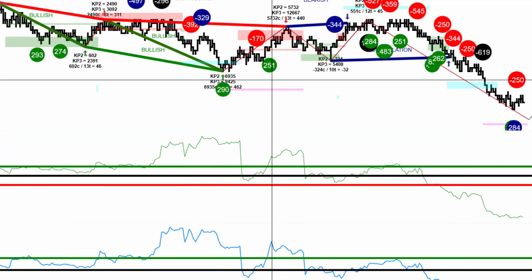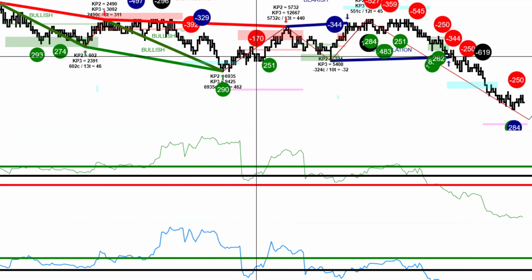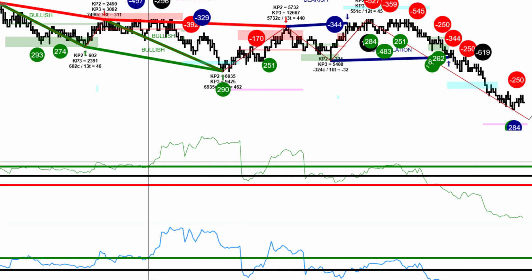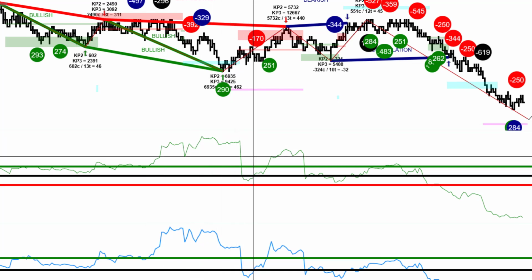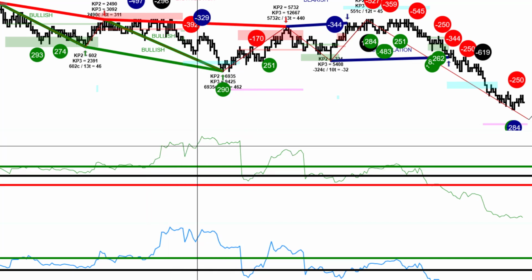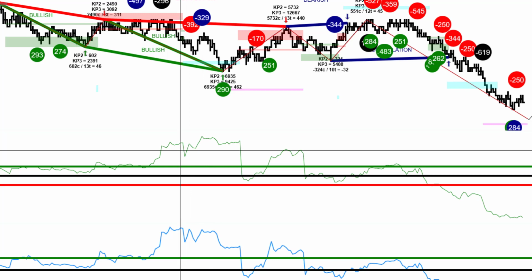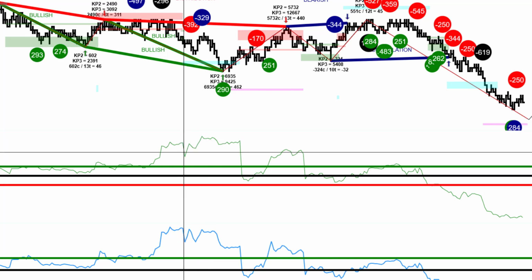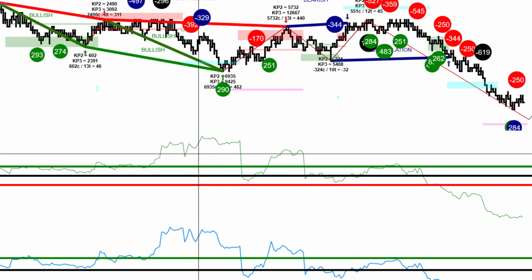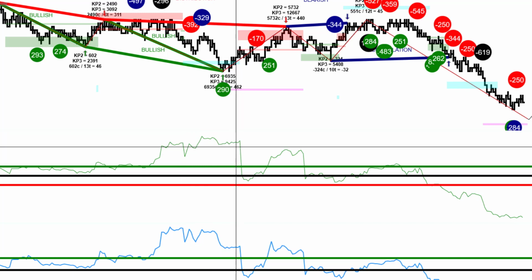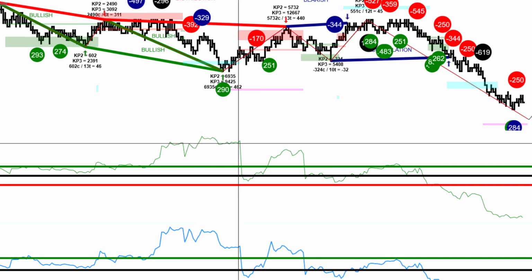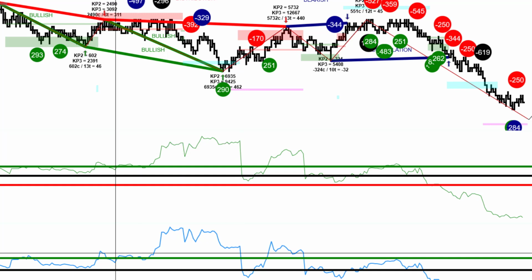So I just wanted to do the video basically because of this right here, and it looked like it was just this big giant distribution, but you have to understand what is happening intrabar to be able to, quote unquote, read what this indicator is telling you.